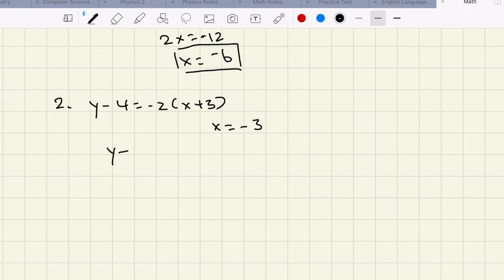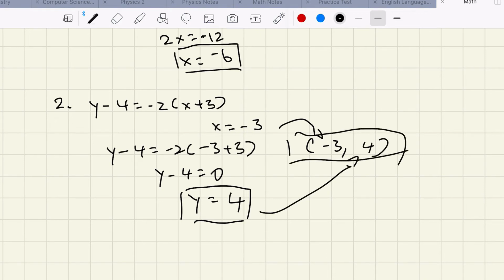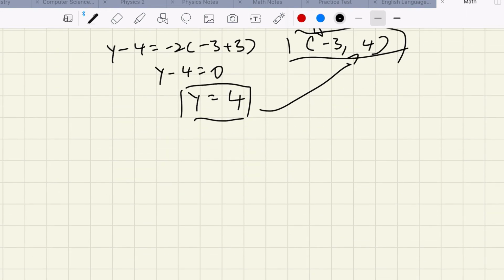So you get y minus 4 equals negative 2 times negative 3 plus 3, and you get y minus 4 equals 0, and y equals 4, sorry. So that means the point negative 3 and 4 will be a point on this graph, or in other words, will be a solution to this linear equation.